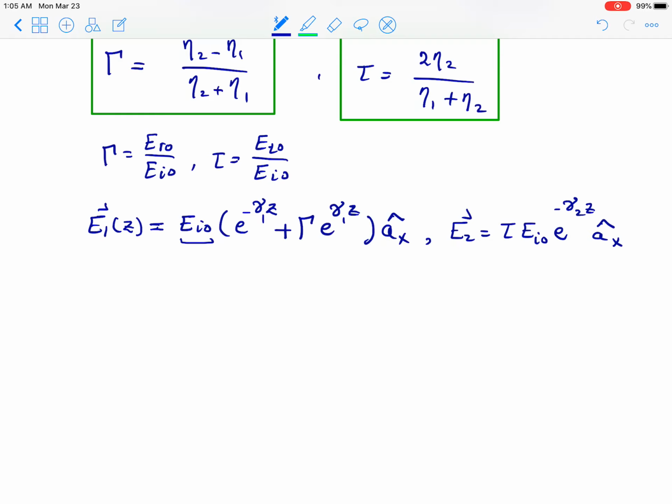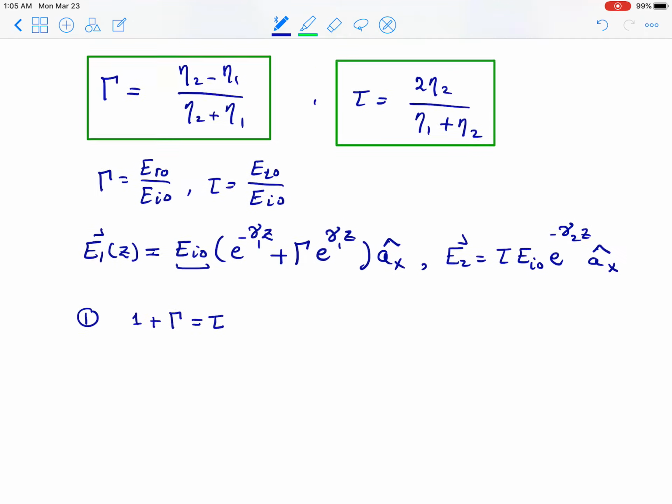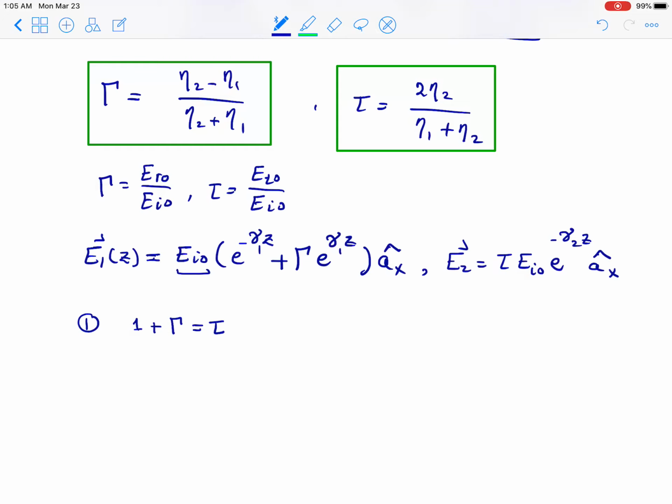There are some properties of these reflection and transmission coefficients. The first one is 1 plus gamma should be equal to tau. This comes from the boundary condition.